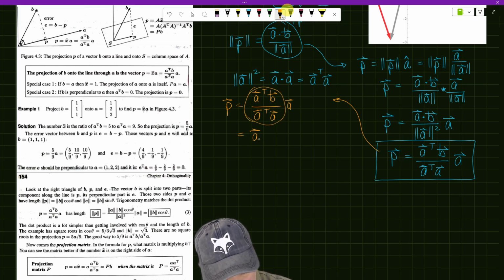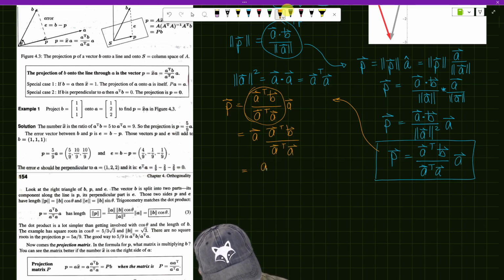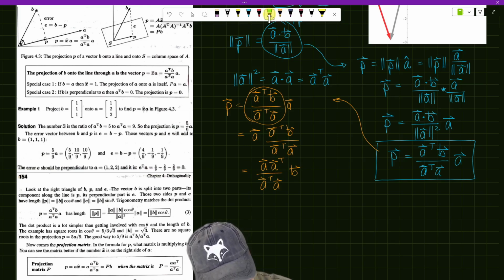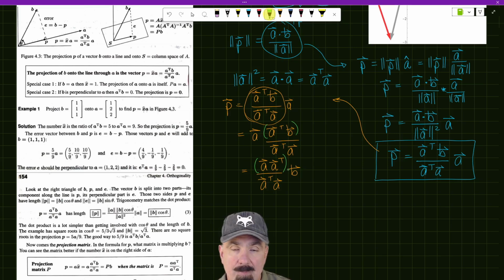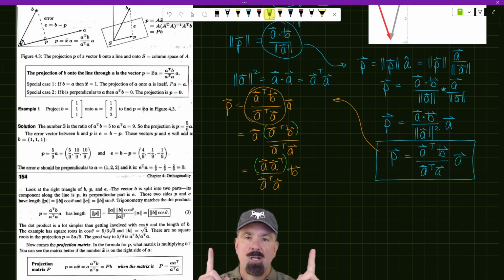So I'm going to put the vector A on the other side, and I have A vector transpose B divided by A vector transpose A. But then I can rewrite this to be A vector times A vector transpose all over A transpose A times B. All I've done is use associativity. So instead of doing this multiplication first, we're going to do that multiplication first. That's all.